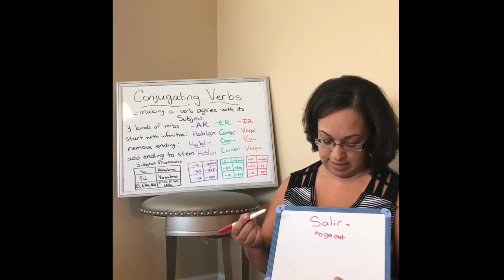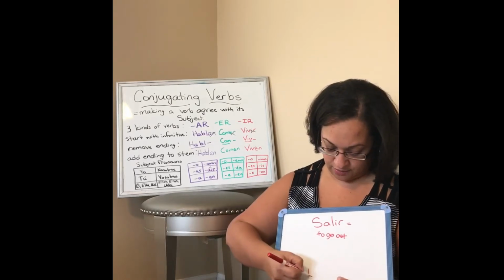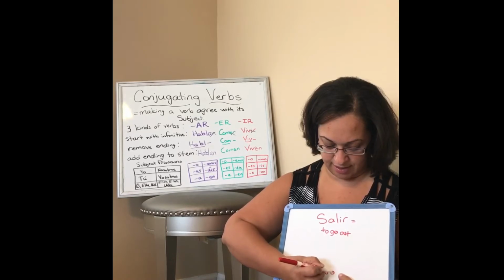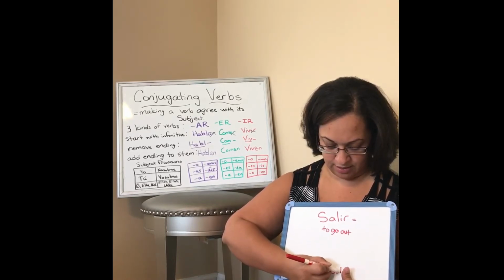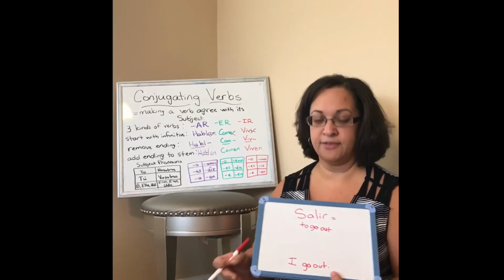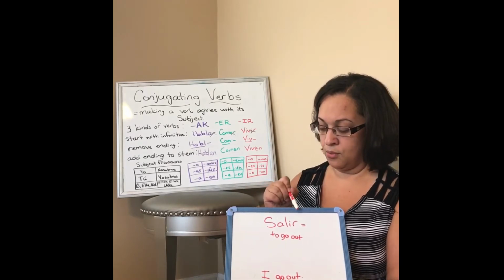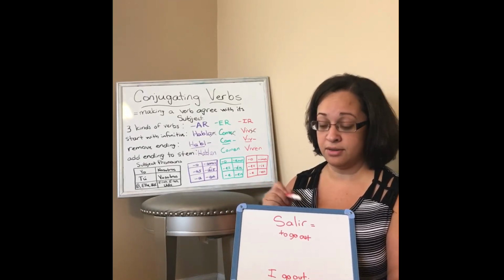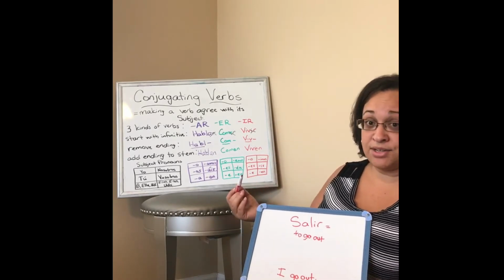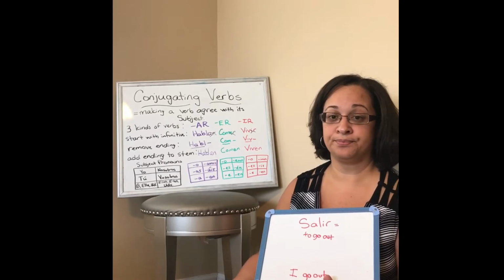So let's say that I want to say, I go out. That's the sentence we're going to try to create now. I go out. Okay, and I'll give you just a second to figure that out. Remember, take a look at what you need to get rid of in the word. Then look at your chart for IR and what you might need to add to the word to make the phrase, I go out.